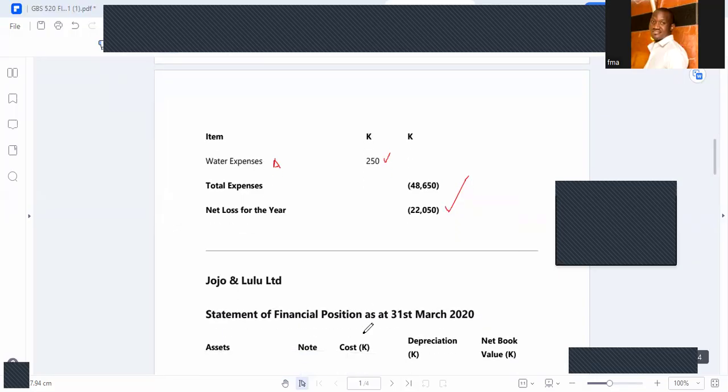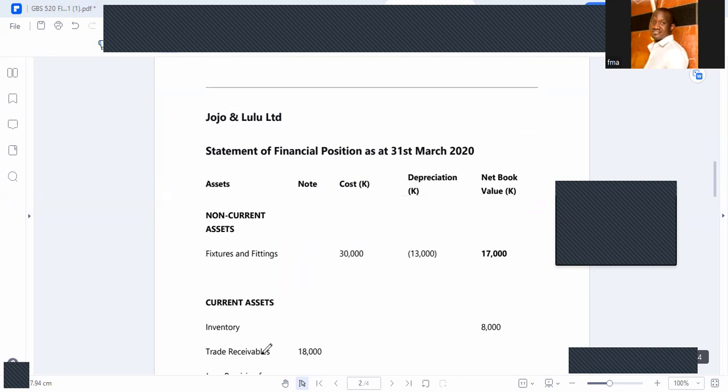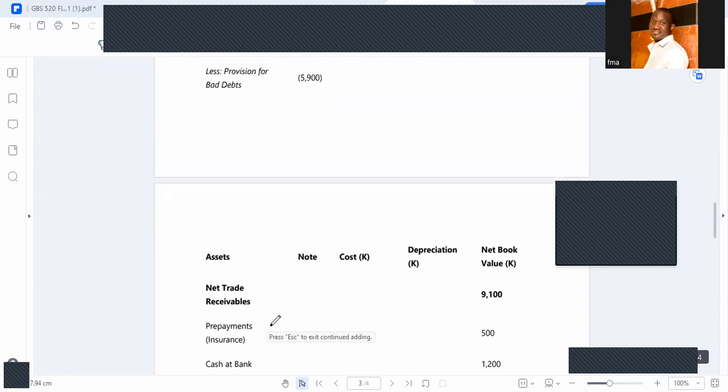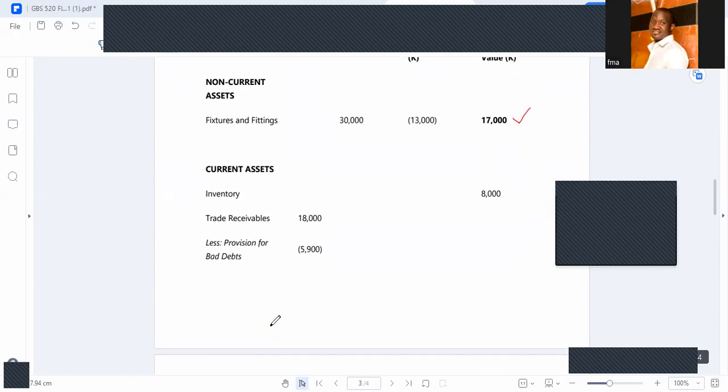And we go to our balance sheet, our non-current assets, our fixed assets and fittings, 30,000, we subtract the 13,000. So our net book value is what? 17,000. So we go to our current assets. 18,000 was our debts, so trade receivable.